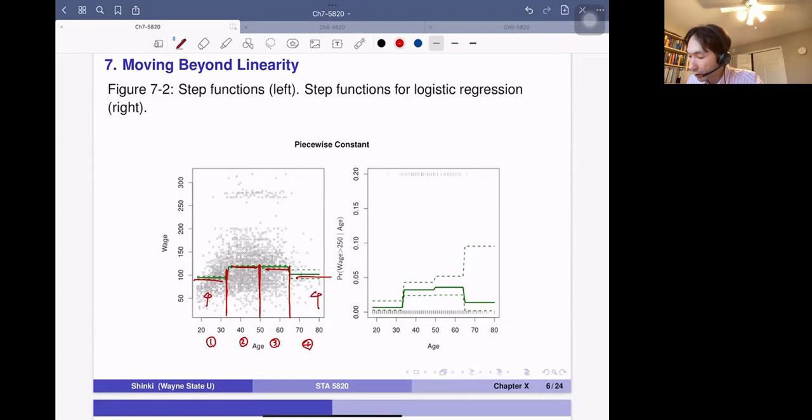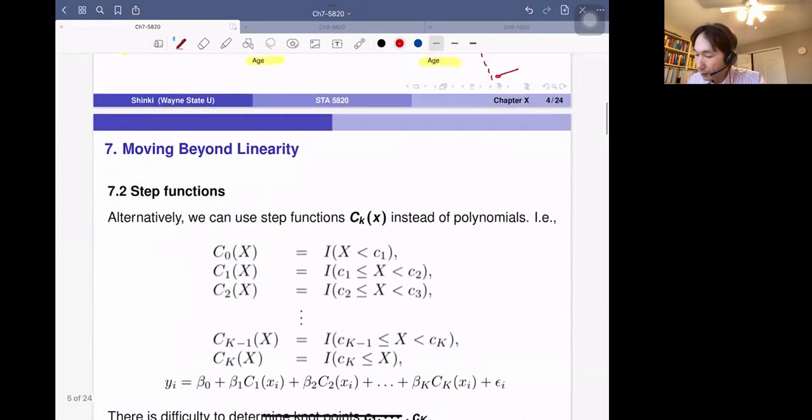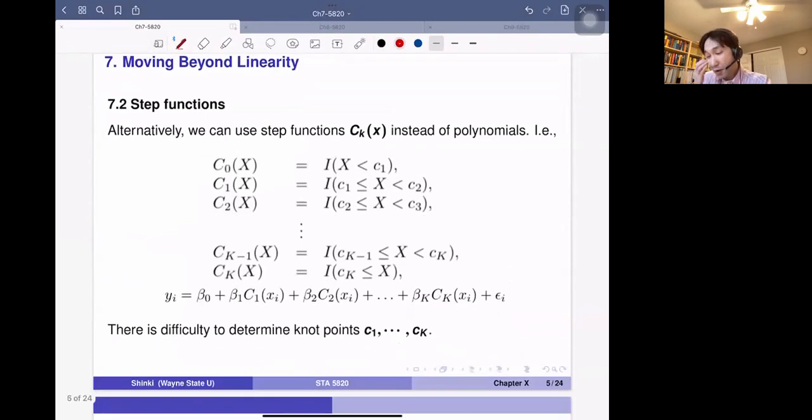And in logistic regression, we can do the same thing. What should we do? Basically, this is a little bit more difficult to fit. At first, we give knot points. In this case, there are 4 intervals, so K is equal to 3. We have to pre-specify c1, c2, and c3, and in general c1 to cK.